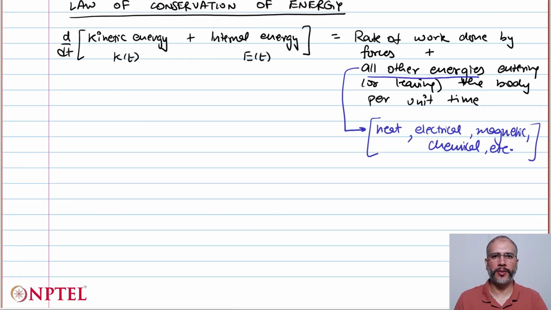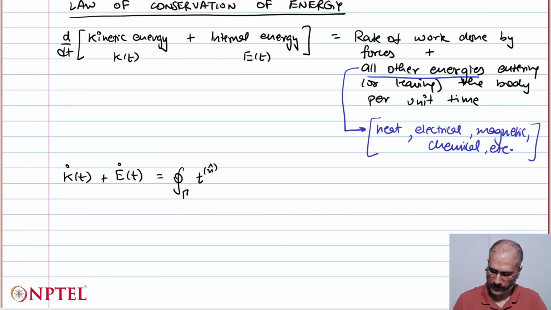Let us express this into a mathematical form. So the left hand side we will call K dot plus E dot, and we'll talk about these K dot and E dot soon, is equal to, so first we write the rate of work done by the surface forces, which is this closed surface integral over the bounding surface of the body.